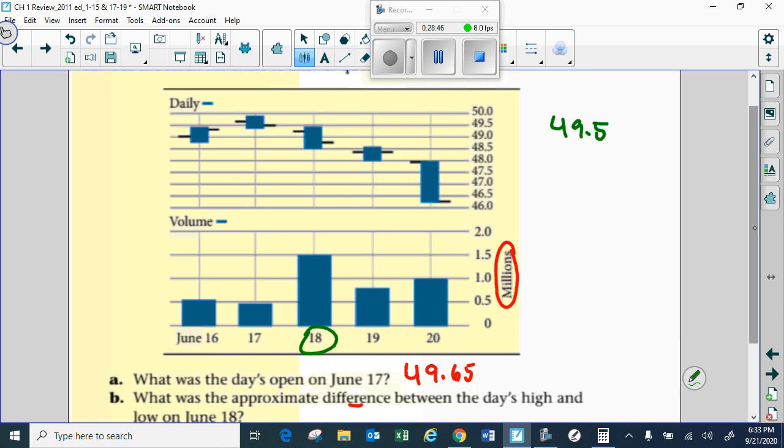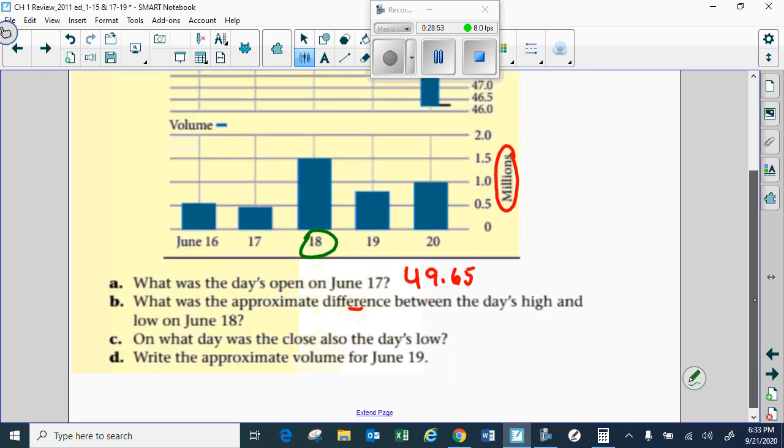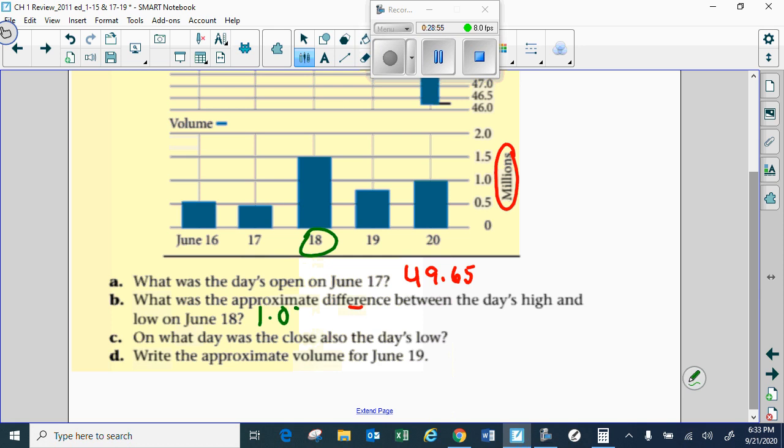And the low is about 48.5. Okay, so about $1. Now if you put 95 cents, I'd give you that too, because we're just getting real close.